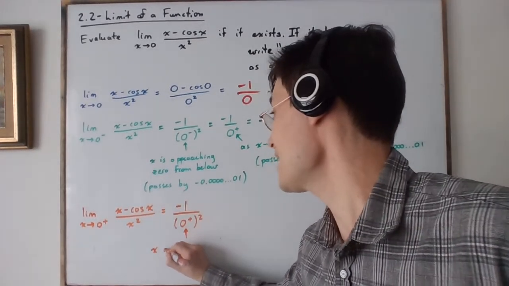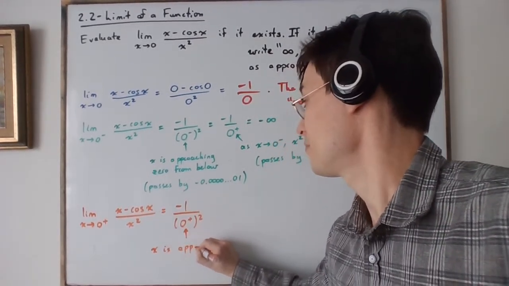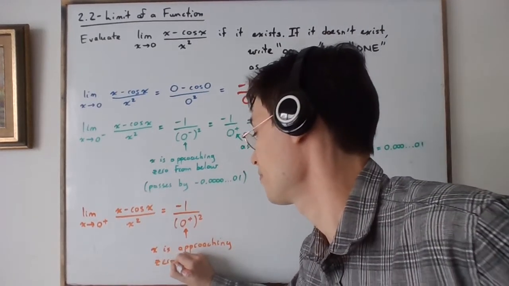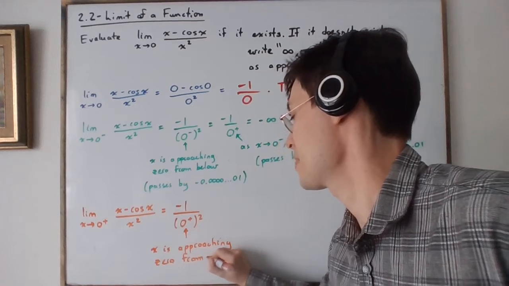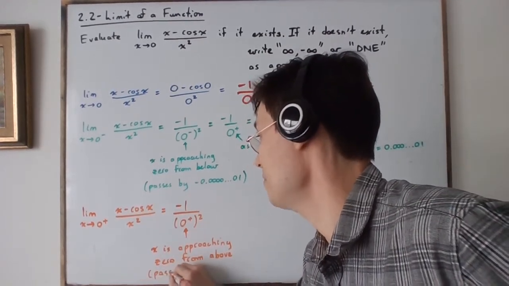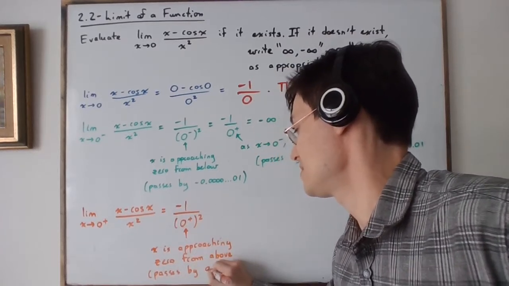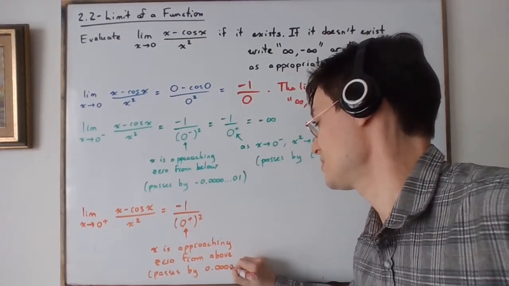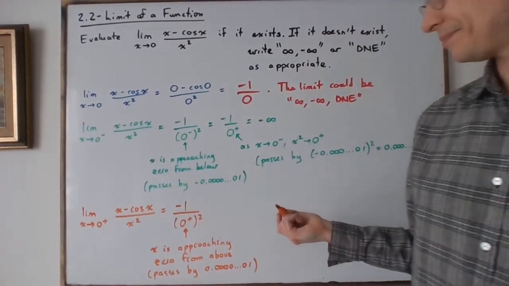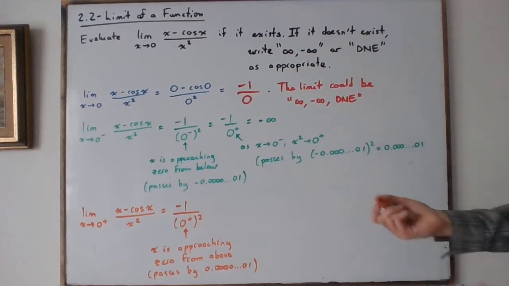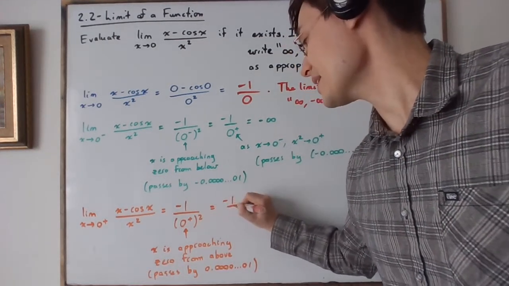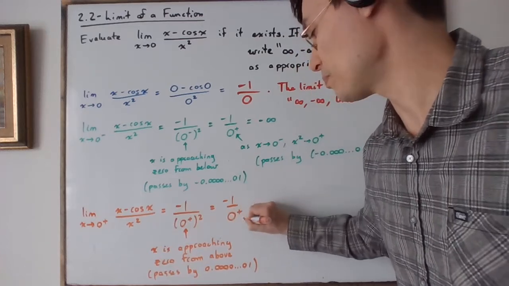So first here, x is approaching 0 from above. For example, it passes by 0.0000, put as many zeros as you want. And then as you square, you're going to get negative 1 over 0 plus.